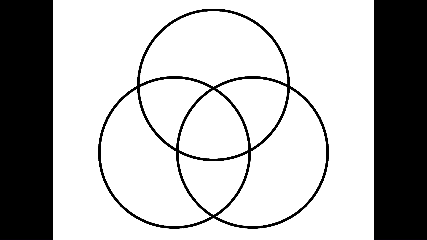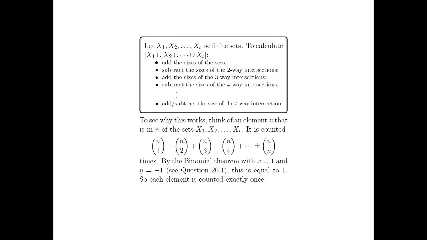And it turns out that this works in general. Even though it starts getting hard to draw Venn diagrams, what you can do is to find the size of any union of sets, X1 to Xt, you first add the sizes, then you subtract the sizes of the 2-way intersections, right?